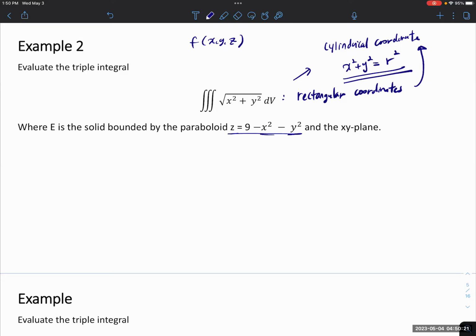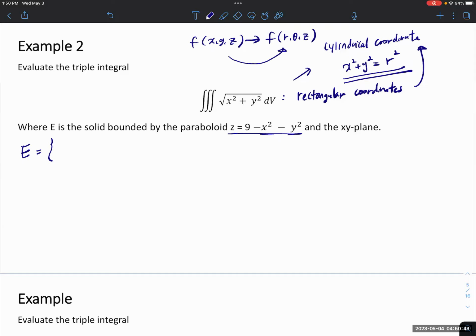So let's go step by step. We need to find all the intervals for r, theta, and z. So let me find out where E is, because we're going to convert this one to r, theta, z, correct?